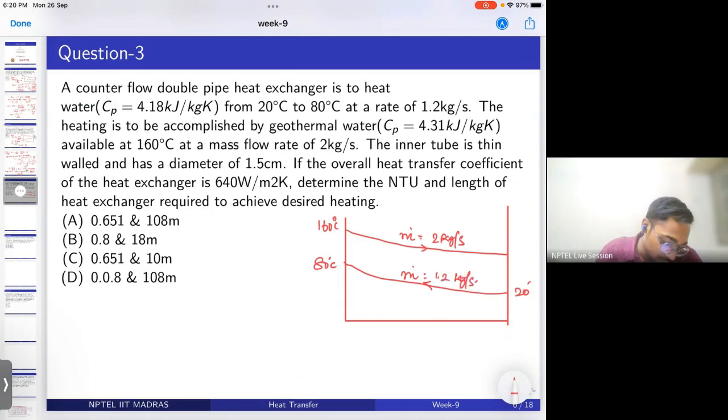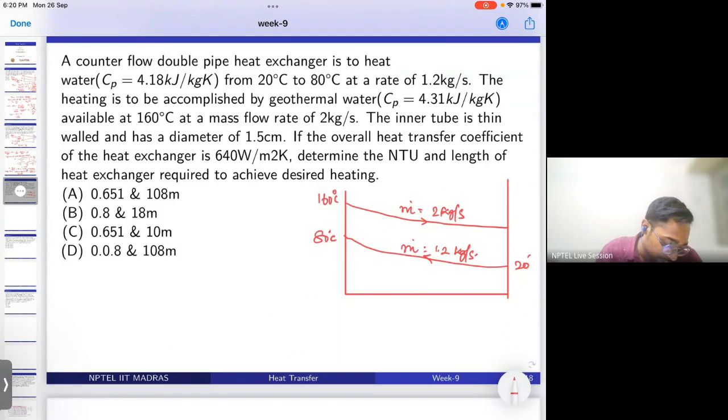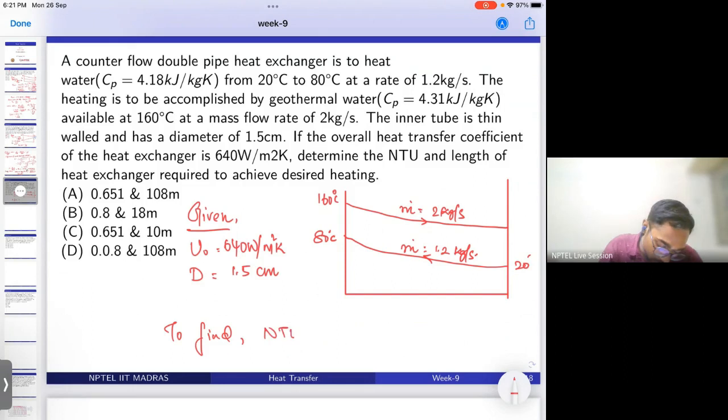Okay, and Cp is also given. The overall heat transfer coefficient U0 is given, that is 640 watts per meter square Kelvin. The diameter is given, D is 1.5 centimeter. So we need to find out what is the NTU and length of the heat exchanger.